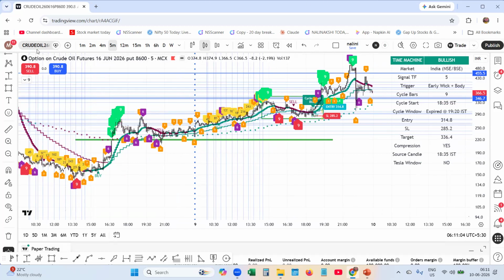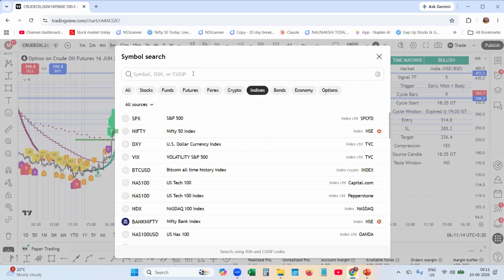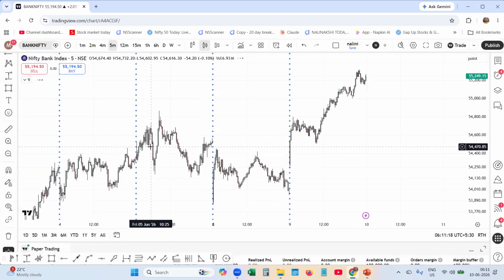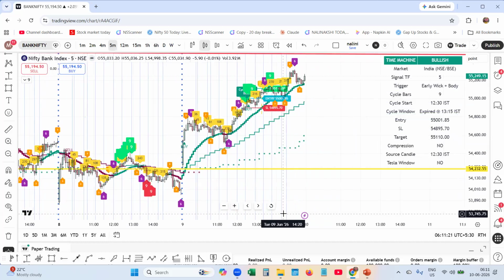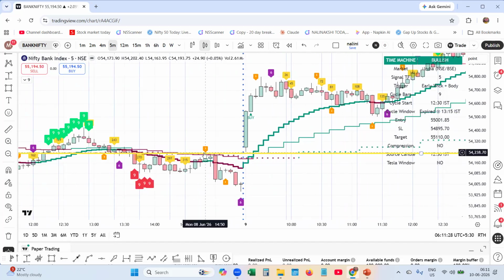Let me take you to the alignment of the Bank Nifty. See, friends, here. This is the 15 minutes time frame, hourly range filter, and the internal range filter. They were compressing.